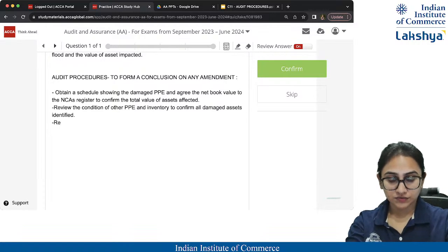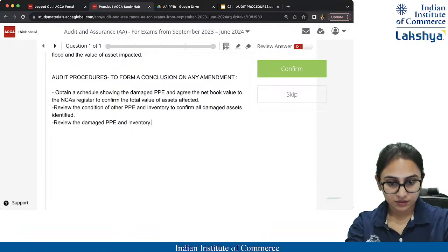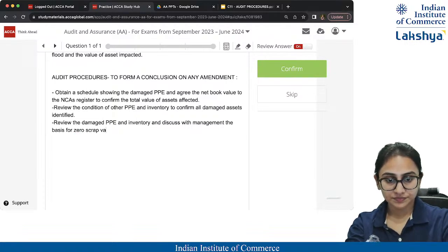So review the damaged PPE and inventory and discuss with management the basis for zero scrap value assessment.